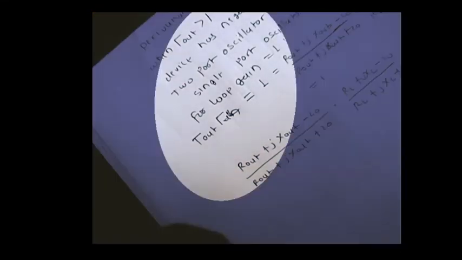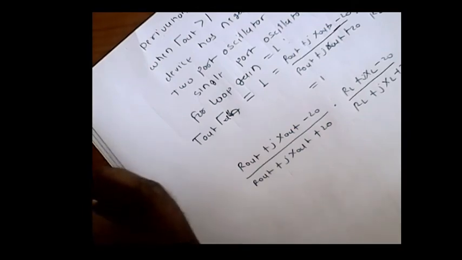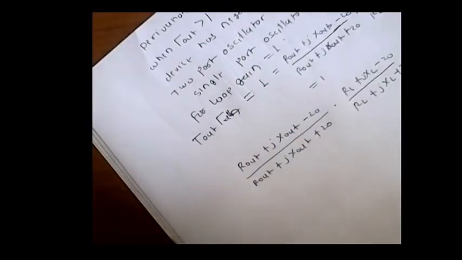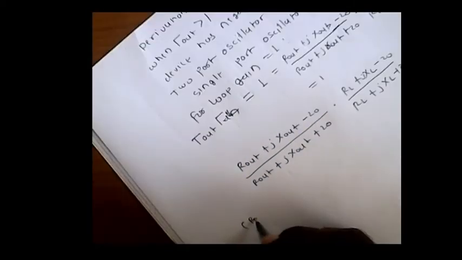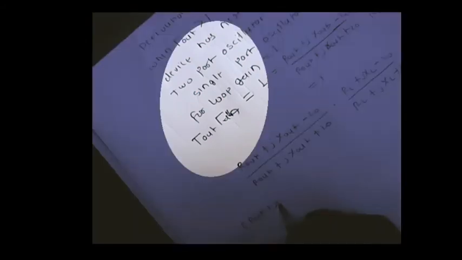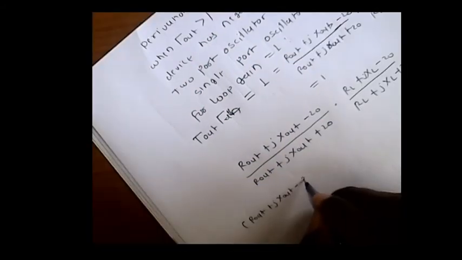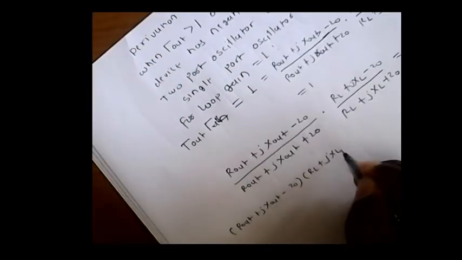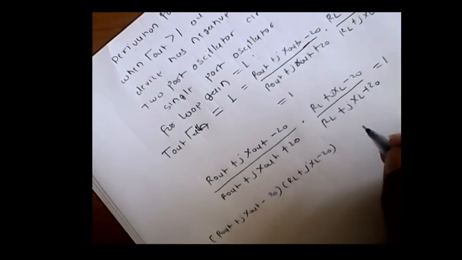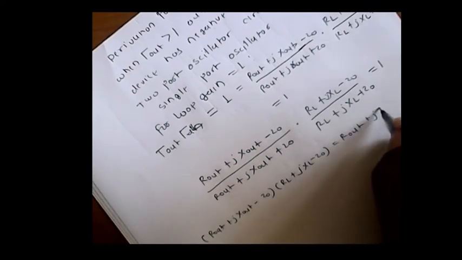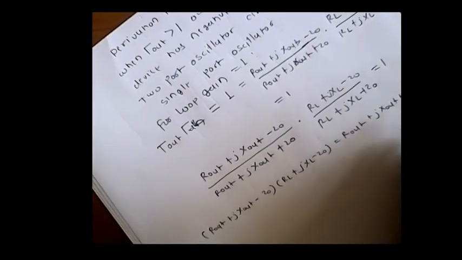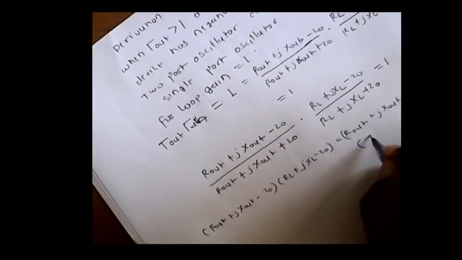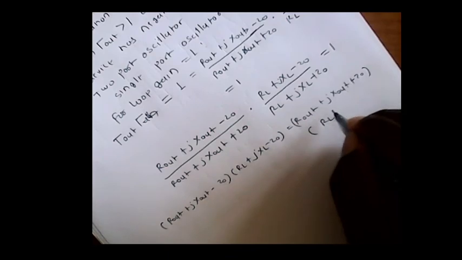We take this value into cross multiplication. So (R out plus jX out minus Z naught)(RL plus jXL minus Z naught) equals (R out plus jX out plus Z naught)(RL plus jXL plus Z naught).